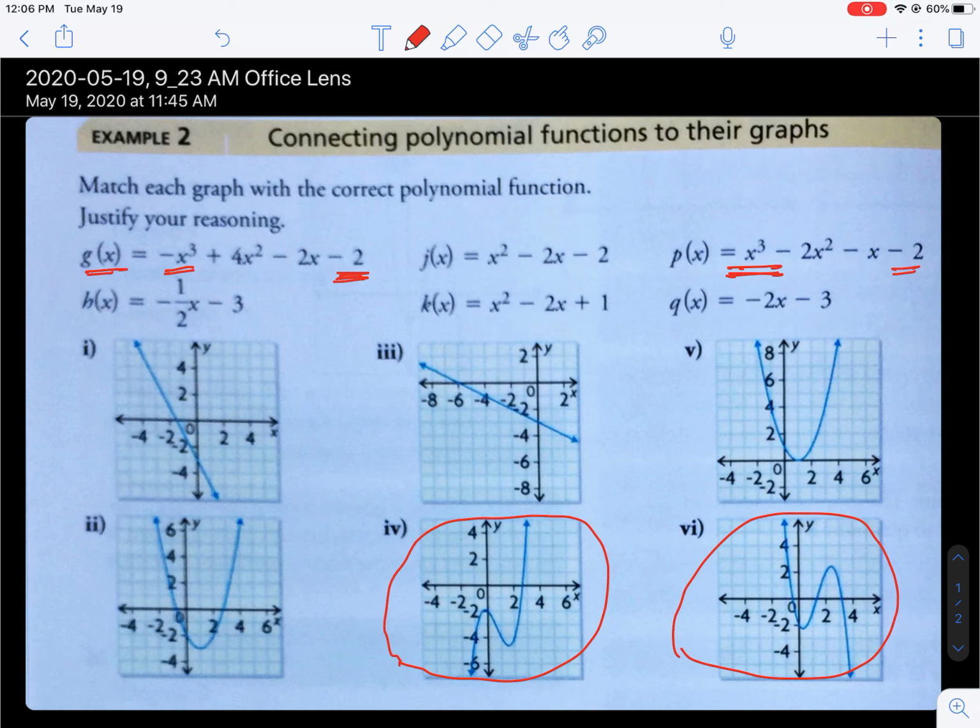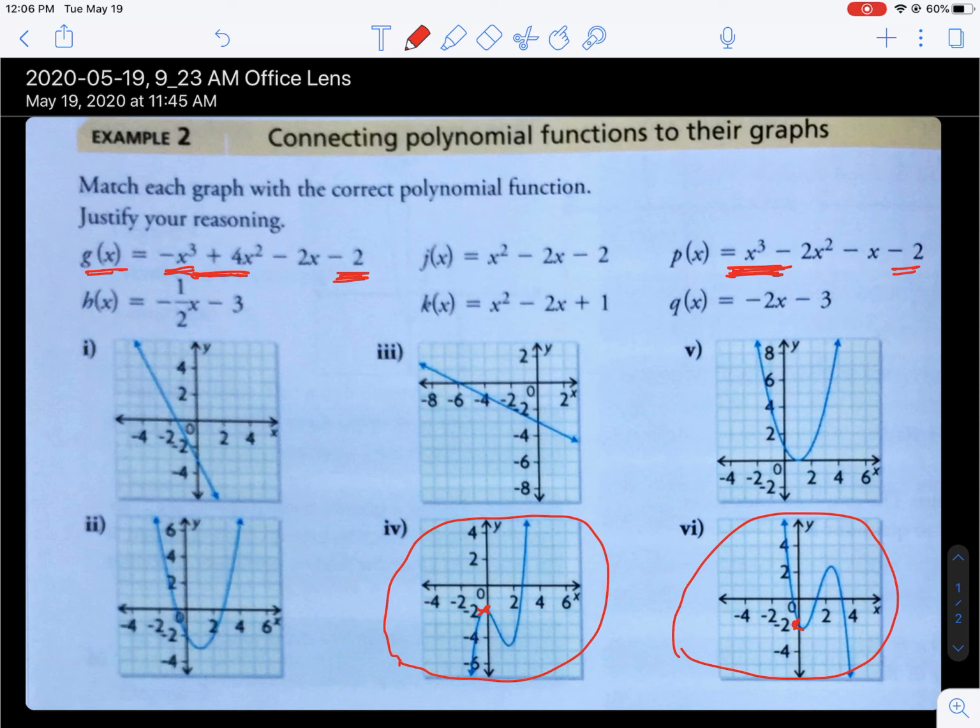And the y-intercept for this one is -2 as well. So if you look here, the y-intercept is right here. It's -2 and it's -2. But there is a clear difference between both. This one, the one on the left, is a decreasing function, and the one on the right is an increasing function because the leading coefficient is plus. Okay, so if you don't see any sign, that means it's plus.